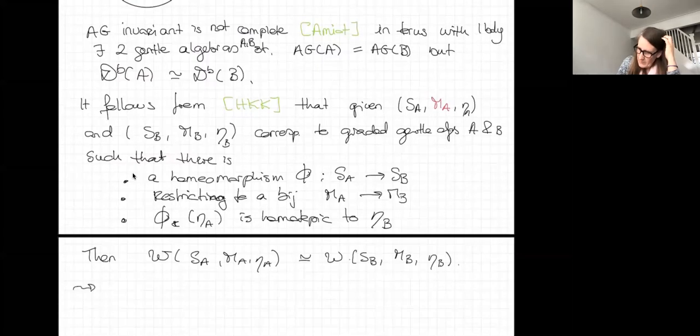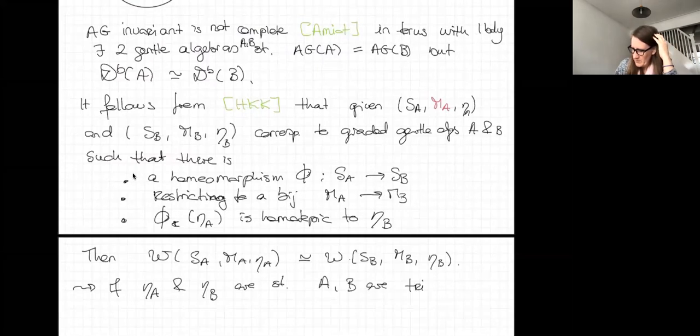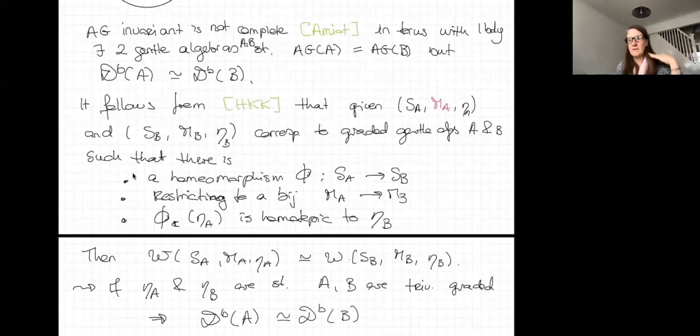So in particular, of course, if the two line fields eta A and eta B are such that A and B are zero graded or trivially graded, then we get automatically that the two algebras are derived equivalent.